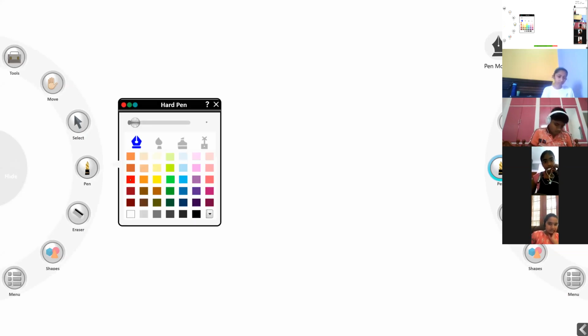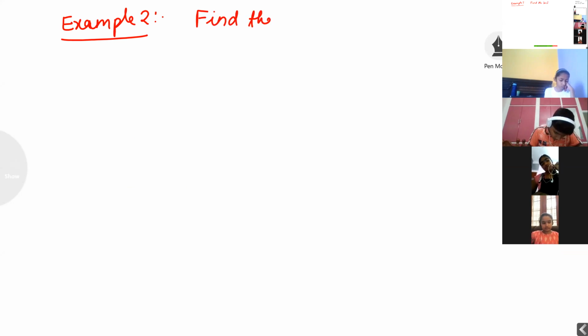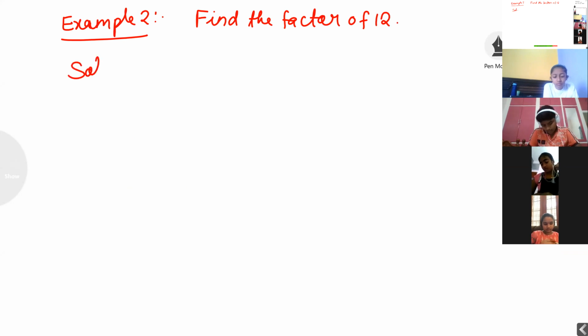Example 2, find the factor of 12. Solution.